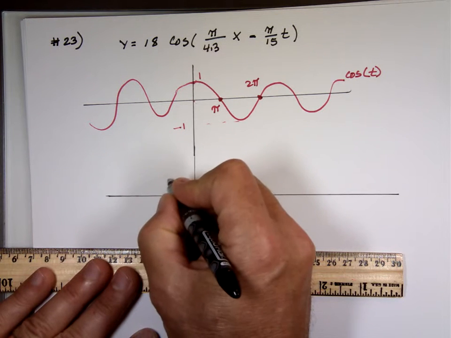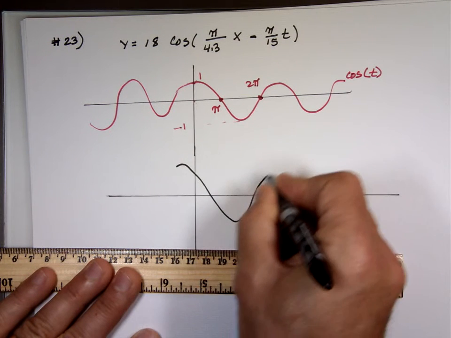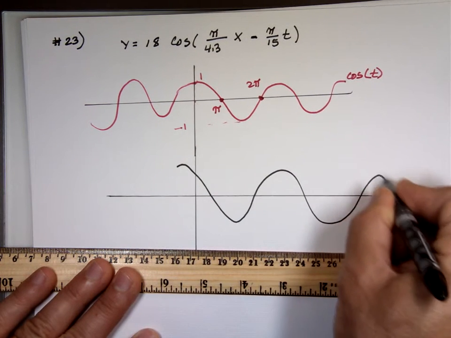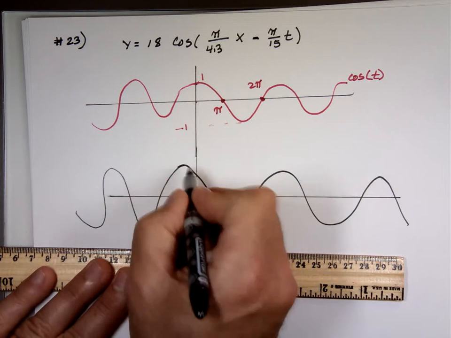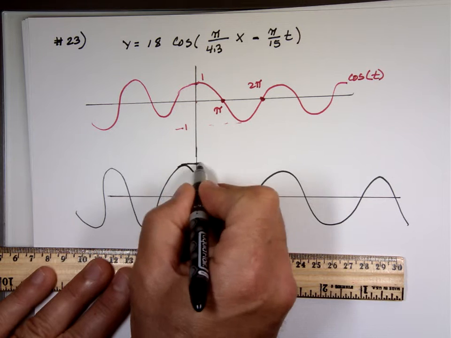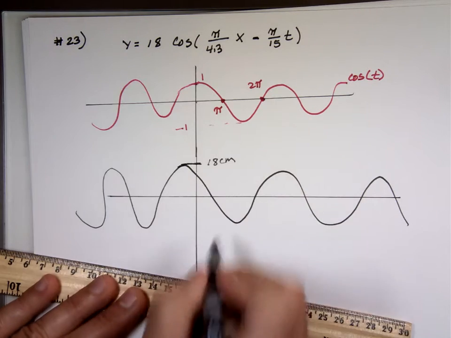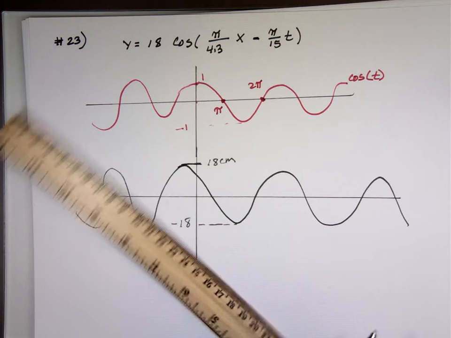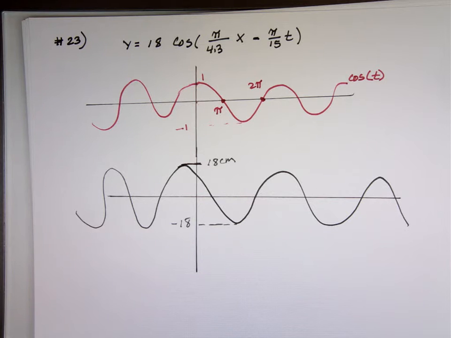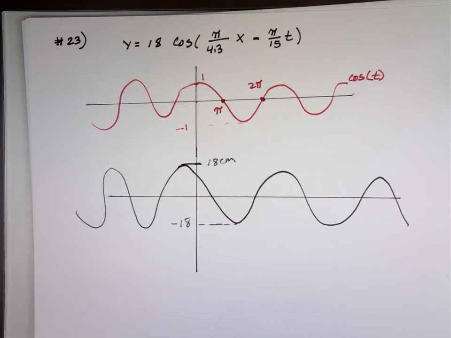So the peak value might be here. The maximum height will go to 18 centimeters because of the 18 in the front, and the lowest value is negative 18. Why? Because the largest value for a sine or a cosine is 1. So 1 times the 18 is 18. And my amplitude here is actually 18.